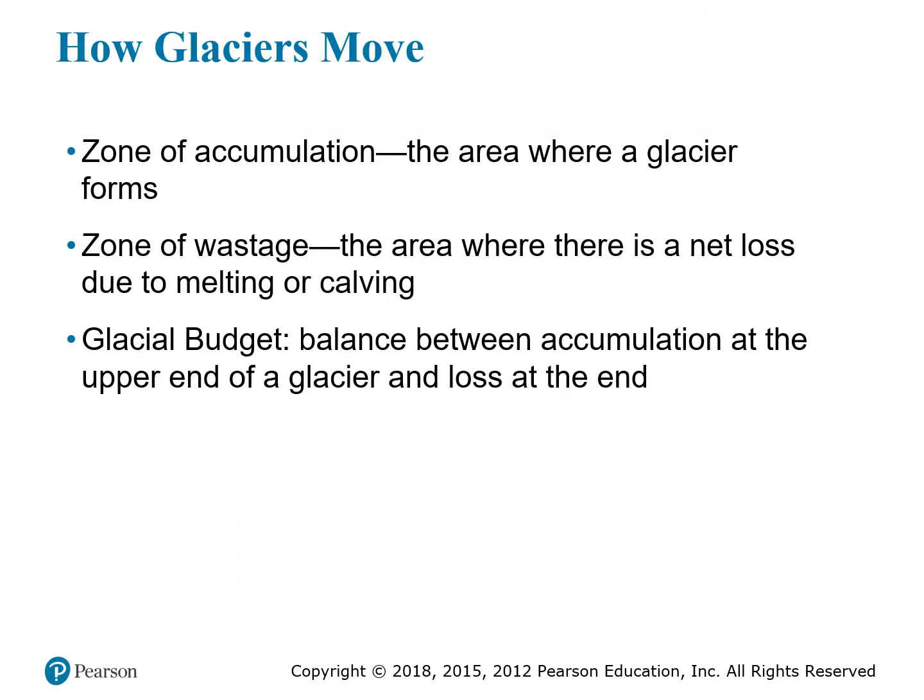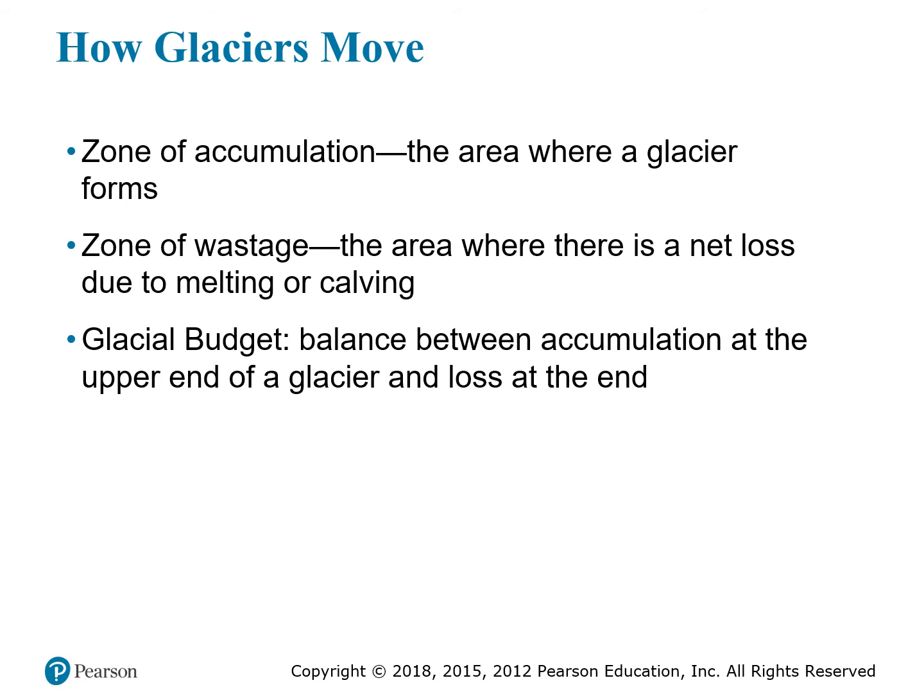What's really important to glaciers themselves and how they move is understanding the glacial budget. A budget is how much snow the glacier is taking in versus how much ice it's losing at its terminus, or the glacial front. The zone of accumulation is the area where the glacier forms.